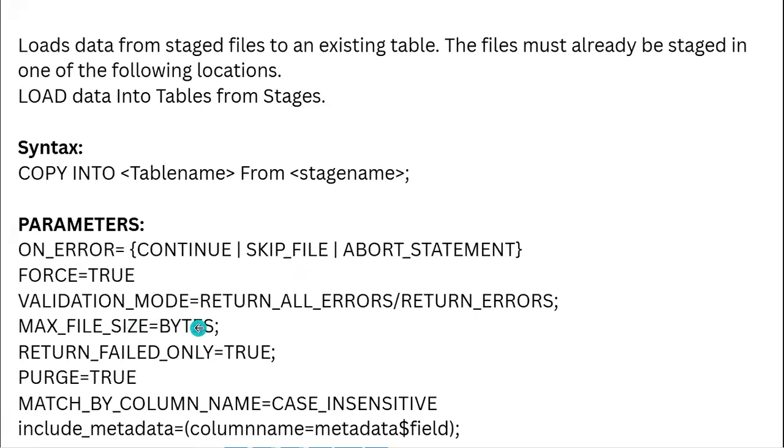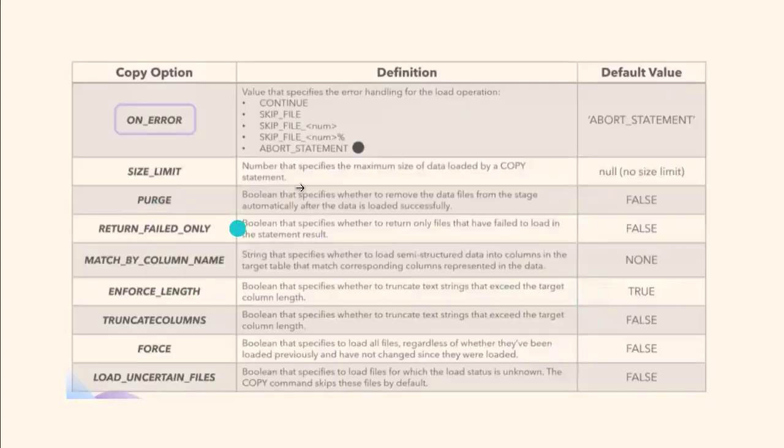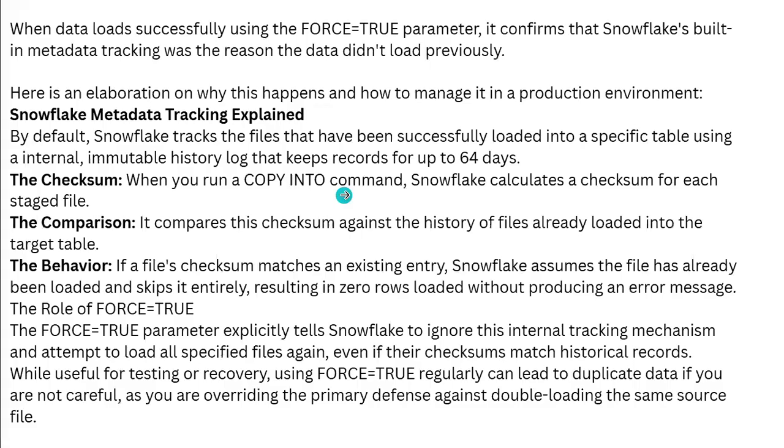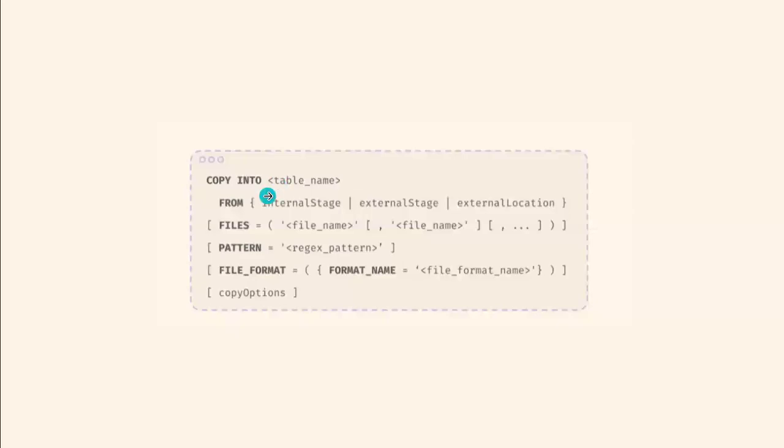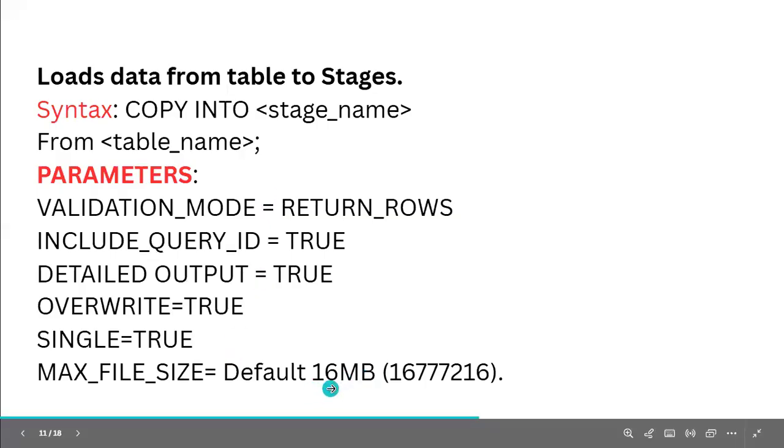Next, maximum file size. By default, the size of maximum data loaded by a copy statement is, sorry, 16 MB. By default, it will allow you to load up to 16 MB.